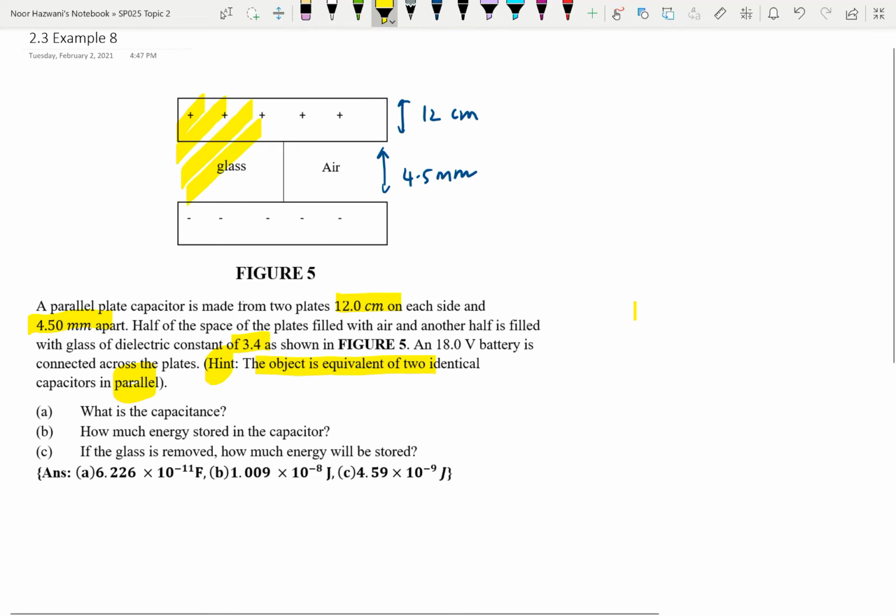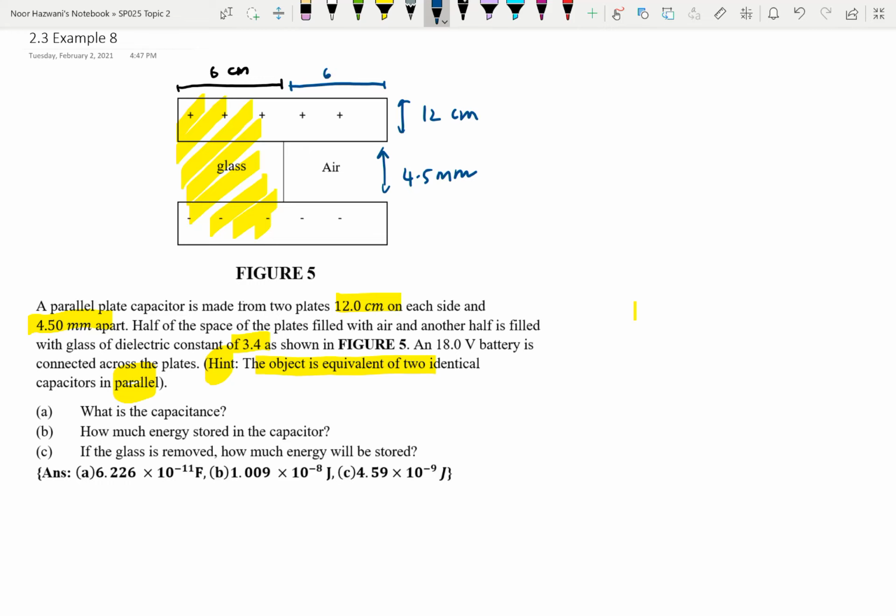Okay, this one. Okay, actually sini sampai sini, okay, sebab the whole is 12, so sini sampai sini is 6 cm lah. And then also sini sampai sini is also 6 cm. Bila you nak kira area of the capacitor, you just simply buat area is equals to 6 times 12 lah. Okay, sebab for each of the glass and air, dia hanya memenuhi separuh.